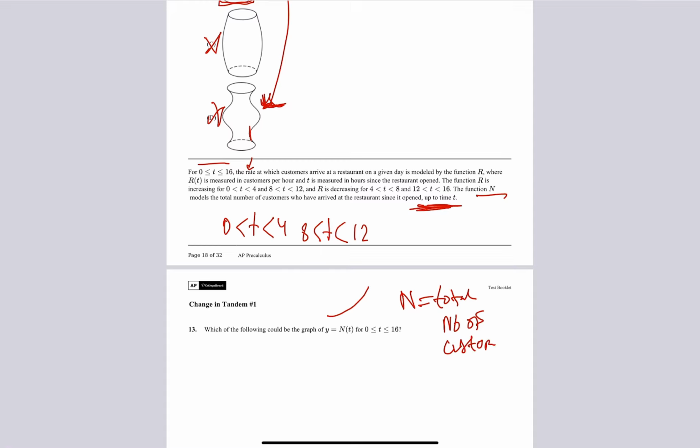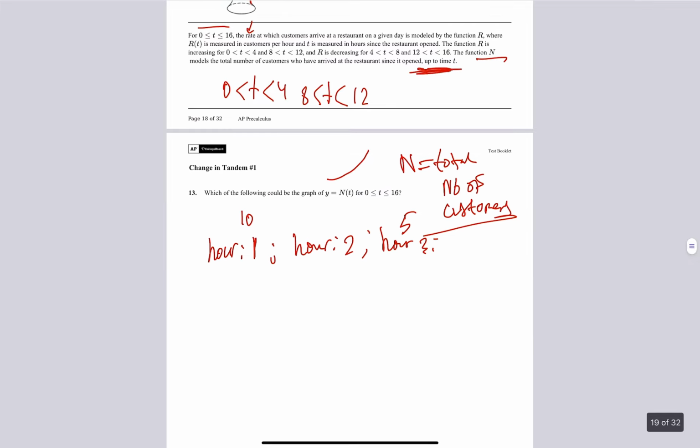It simply tells us that the total means it's always increasing, right? So if at hour 1, let's say, 10 customers joined, even if at hour 2, no one joined, it's fine, the number won't decrease. Then at hour 3, let's say 5 customers joined, the total would be 15, and so on and so on.